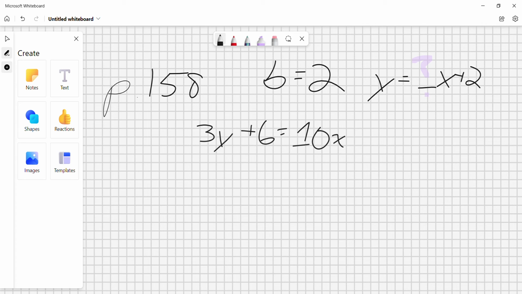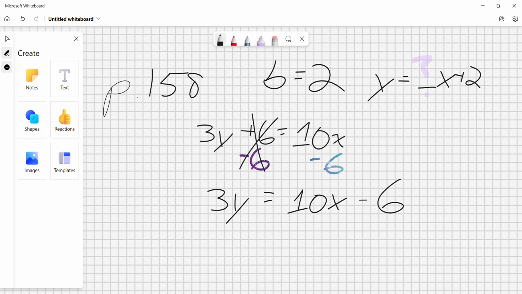Let's use subtraction. We'll go ahead and get the numeric term to the right side of the equation. We're going to subtract 6 from both sides. So I'm going to do a minus 6 on each side of this equation. Then I'll get 3y. That cancels out. 3y equals 10x minus 6.